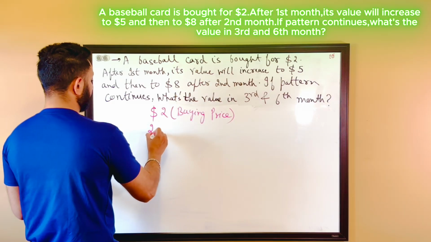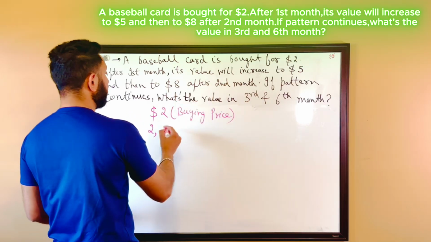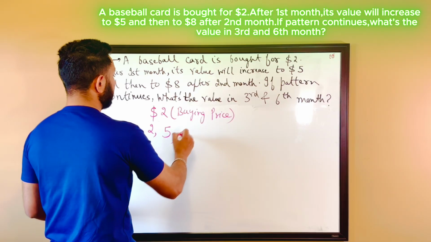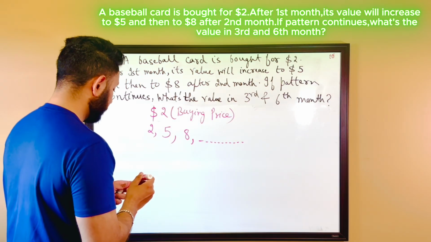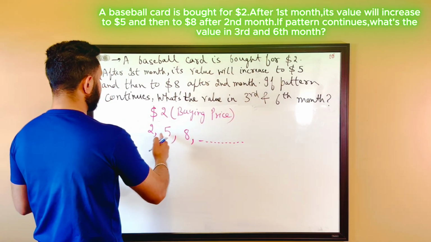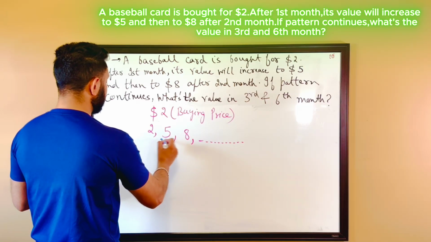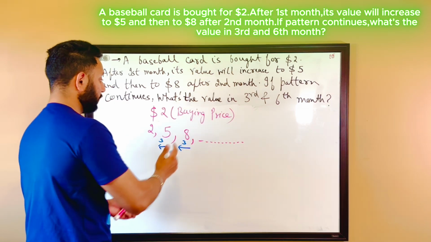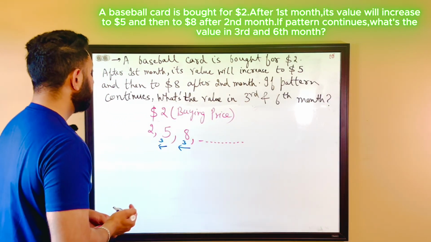After the first month, its value increases to $5 and then to $8 after the second month. Here we can see that the difference is 3: 5 minus 2 is 3, 8 minus 5 is 3. This pattern continues, so the difference will be 3.